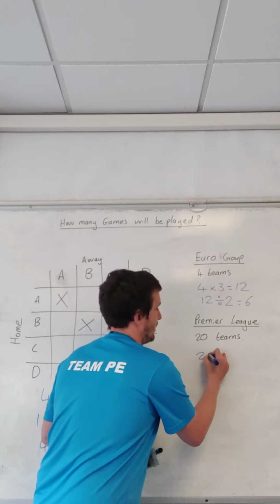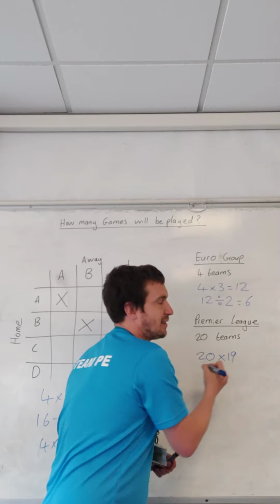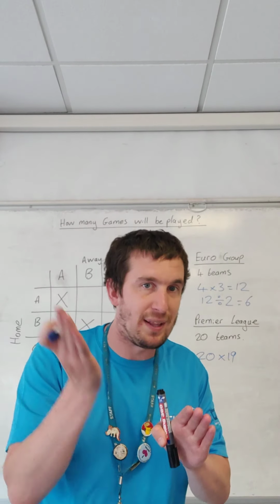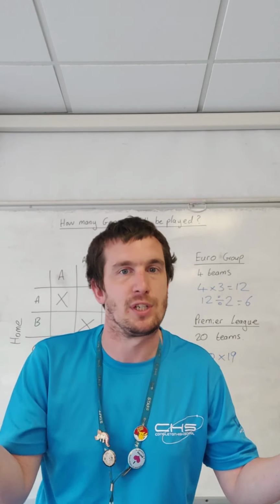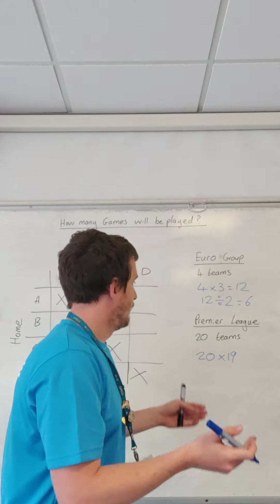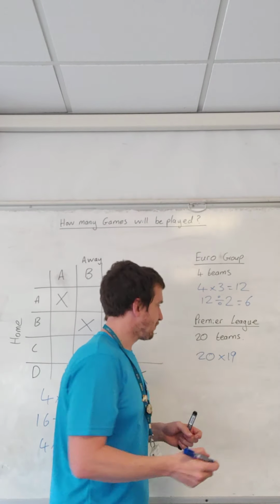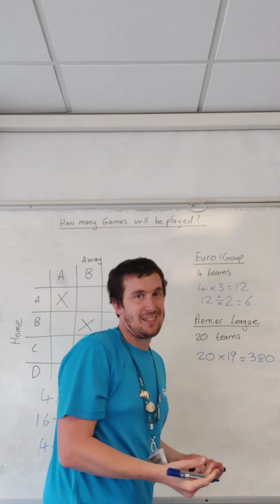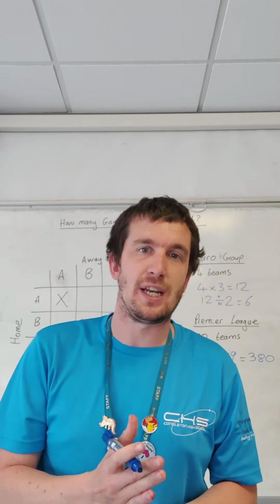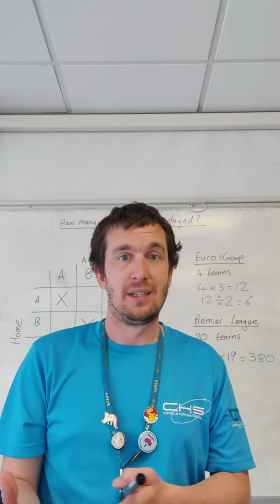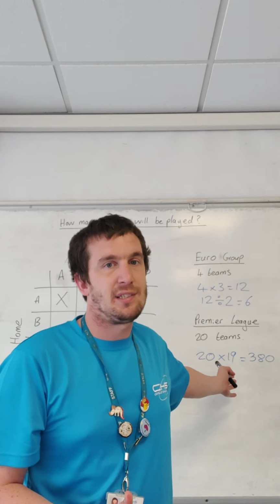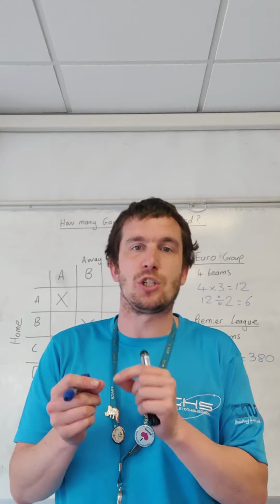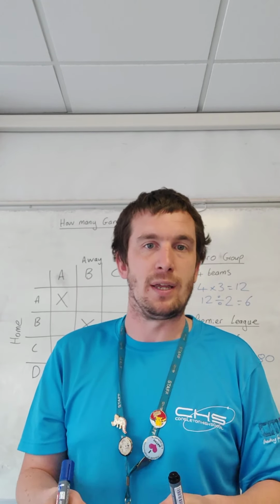So again, we do 20 times 19, because we've taken away the 20 games where Manchester United can't play Manchester United. That's 380. So there'll be 380 games played in the Premier League this season. I don't need to halve it because each team does need to play home and away.